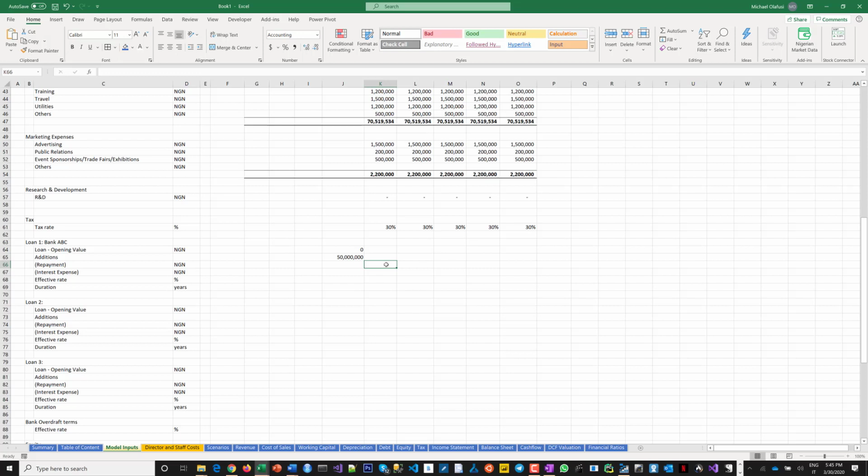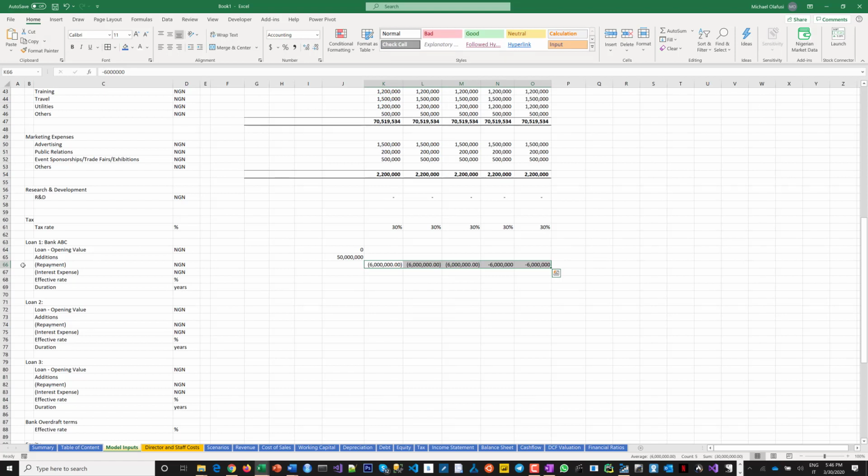So let's say this loan is spread across 5 years, at an interest rate that makes both the interest and principal come to 6 million naira a year. Notice that because this is repayment, I am putting it as a negative. So this is the loan repayment part. Sorry, I have to spread out the interest expense.